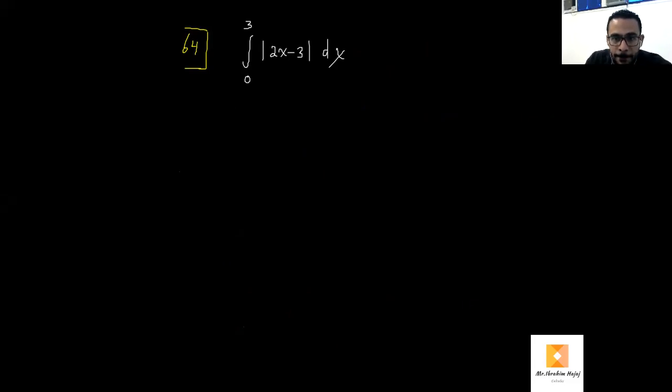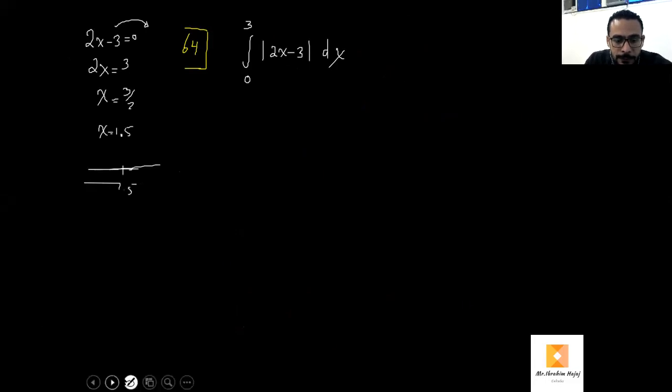We have to find the zero of this function first. Solve 2x minus 3 equals 0, then 2x equals 3, and x equals 3 over 2, which is 1.5. At 1.5 there is a problem.